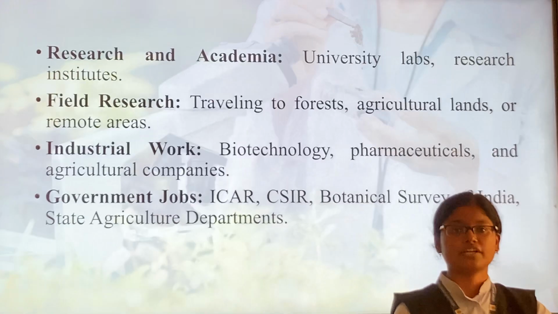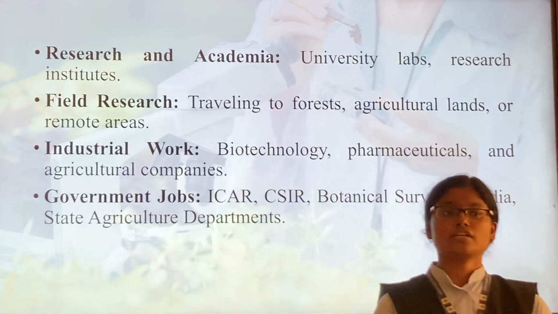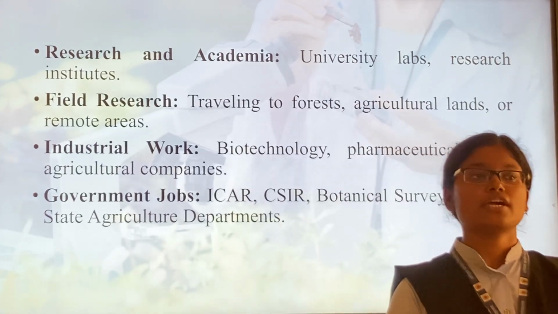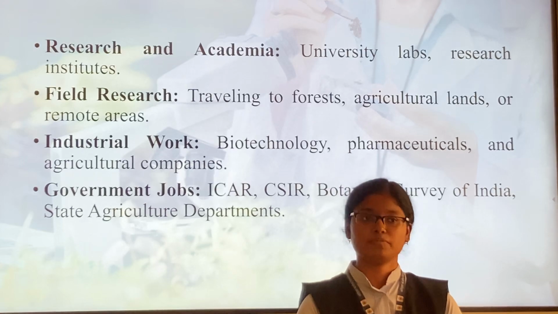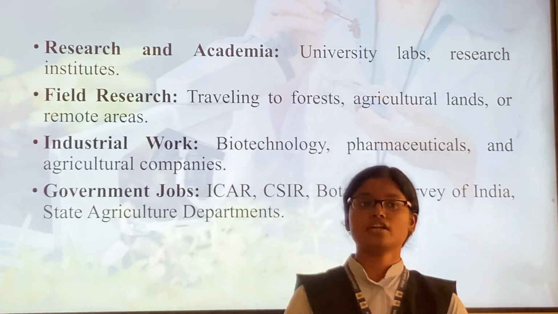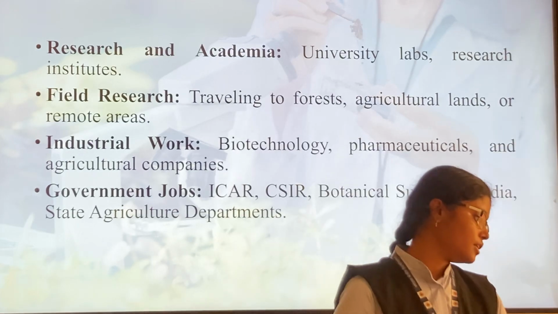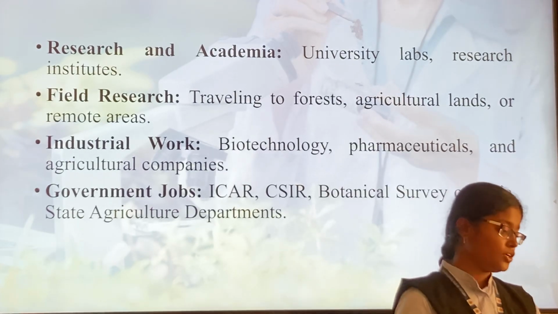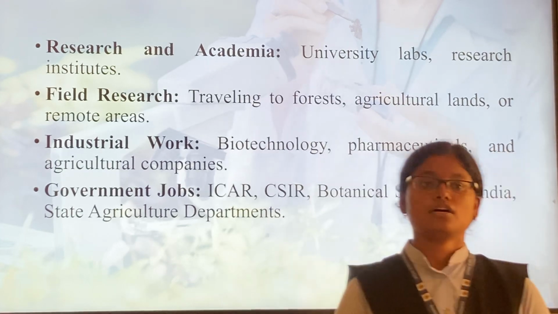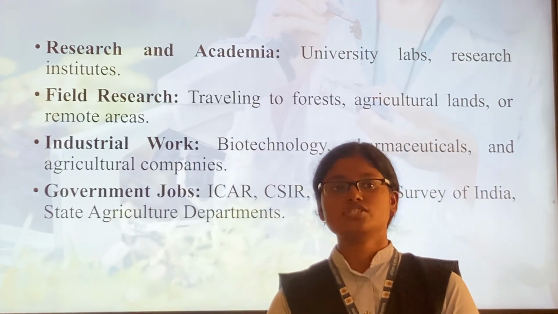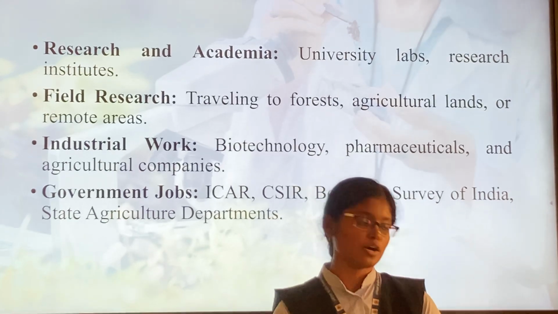Nature of the job and working conditions. In different fields you can be working as a plant biologist. First is research and academic. In a university you can work as a professor or assistant professor, and you can do your research. Then field research, where you can travel to forests, or agricultural fields, and work on improving the yield and quality of different crops.